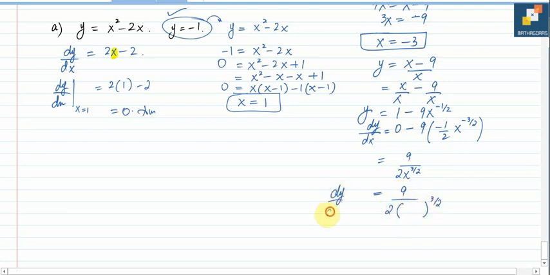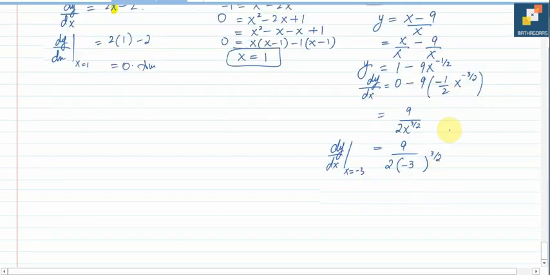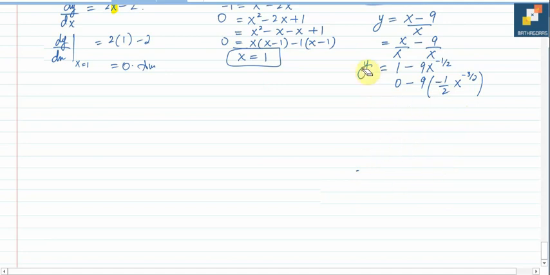We need to find the differentiation, and the value of x is minus 3. So now it's minus 3. Alright, and there is a mistake, so first let me rectify it. The mistake lies in this part.